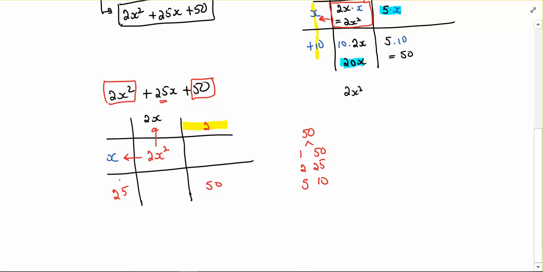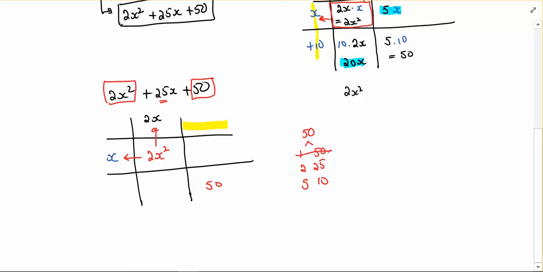But 25 times 2 gives me 50 right there, and no matter what this works out to be, these two are not going to combine to give me 25. So we could immediately throw away the 2 and the 25 as well. So this process works fast once you get the hang of it.